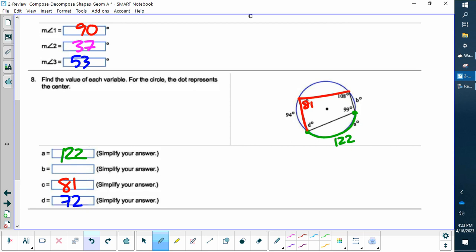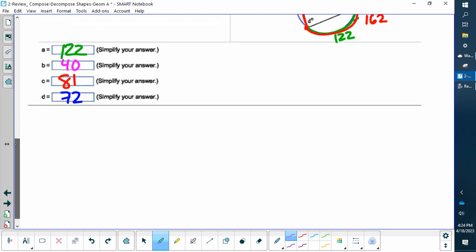Okay, and then I can find B. So that means if I double 81 from here to here, that means this whole thing would have to be 162. And now I'm just going to subtract 122 from it, and I get 40. So my last angle, or arc here, arc B, is 40.